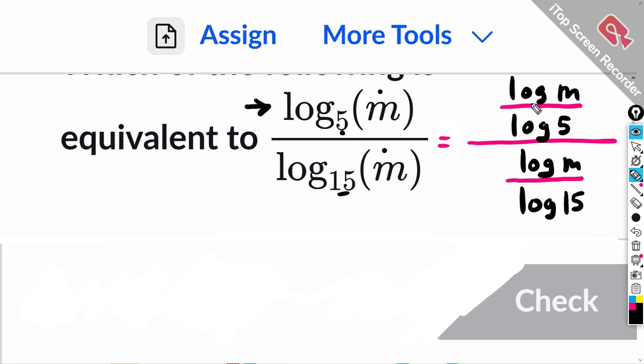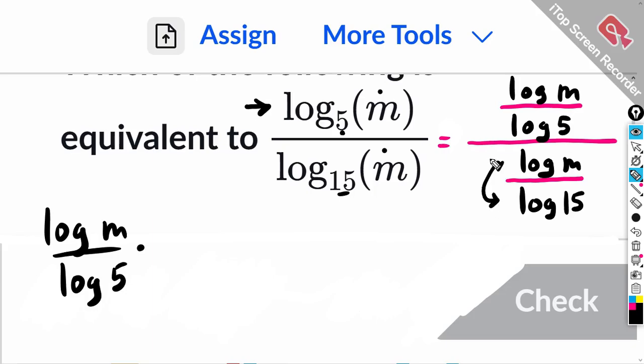So we have a fraction divided by a fraction. How do we do that? Keep, change, flip. All right, we keep the numerator, so log m over log 5. We change division to multiplication, and we flip the denominator, so it's going to be log 15 over log m.